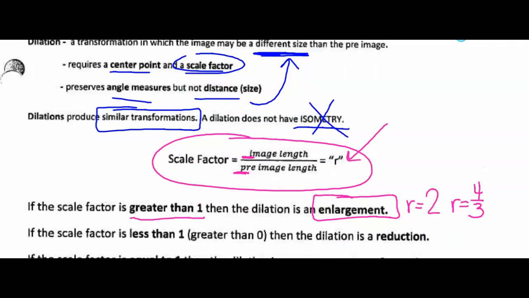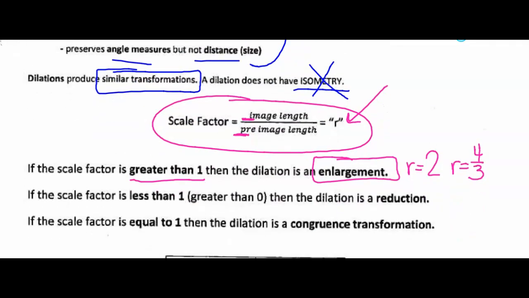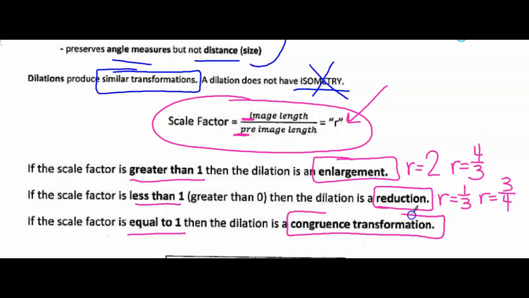It says if the scale factor is less than 1, but greater than 0, it's a reduction, so it gets smaller. So that would be if you had R equals 1/3 or R equals 3/4. Here it says that the scale factor is equal to 1. We call this a congruence transformation.